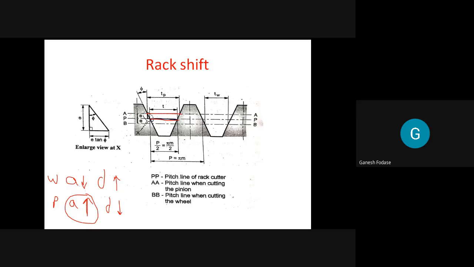So that is TP. So for the pinion, this much is the thickness. The rack is shifted up, but for the wheel, it is shifted down to provide this thickness. That is TW. Further, you can determine what the value of TP and TW is. That is nothing but T plus this distance. That is T plus twice C tan phi. So the rack is shifted to provide increased width or tooth thickness on the pinion and the wheel.